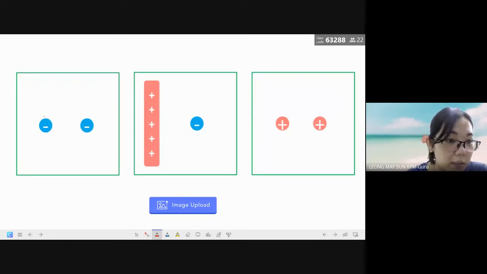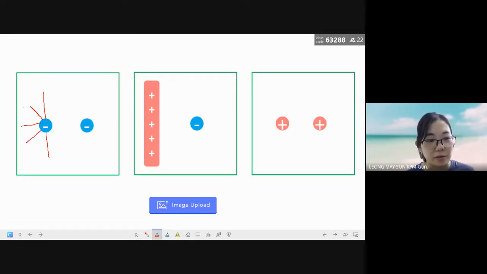Now, this is a negatively charged one. Normally I'm using freehand, since I'm using a drawing pad without a line, so I'll try to be as accurate as possible. My normal habit is to draw the lines first. Same thing here. Then I'll draw the arrows in.